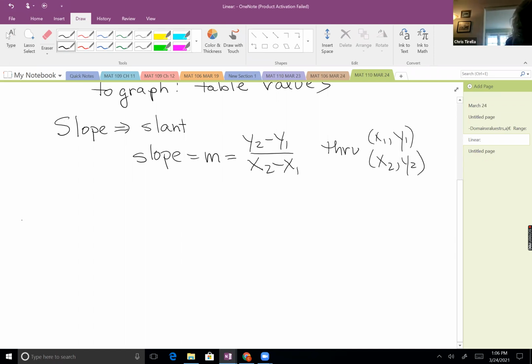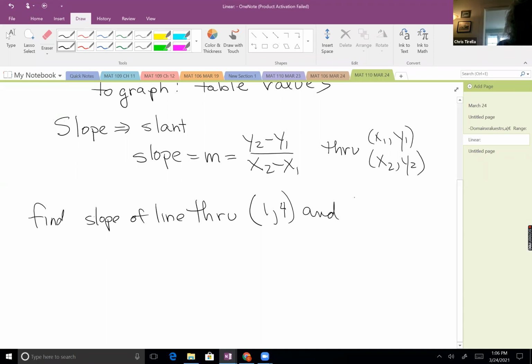But let's go through and practice using this slope formula. Let's find the slope of the line through the points 1, 4, and 3, -2. I'm going to ask you folks to use that slope formula to find that slope.